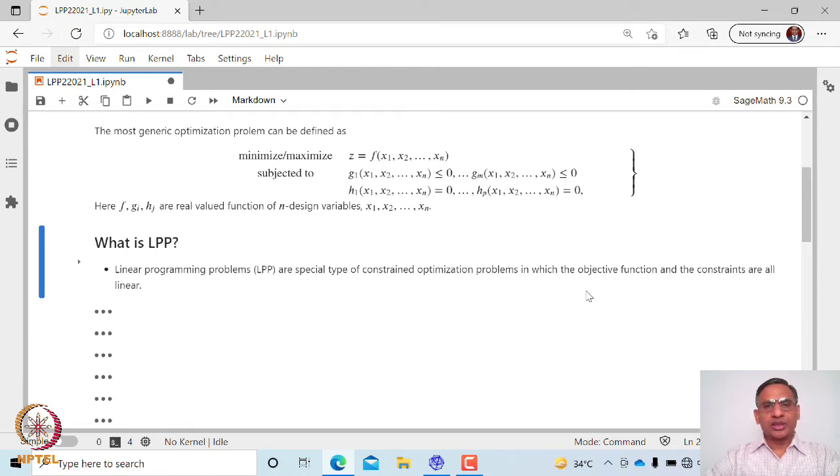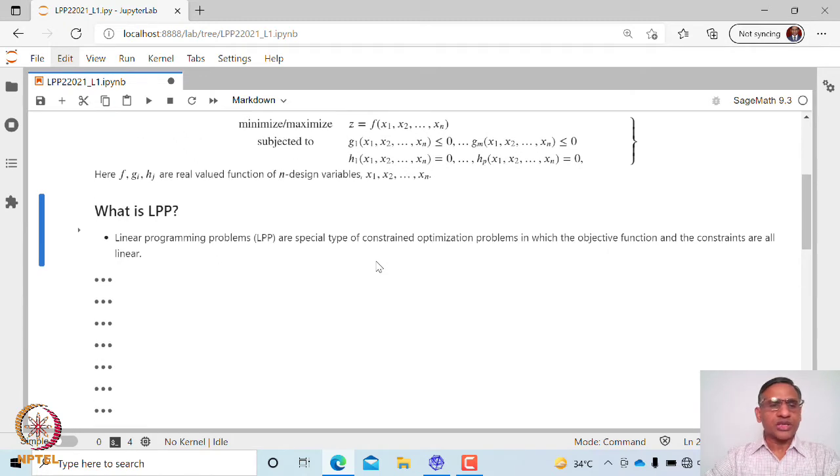We have seen what we mean by a linear function on n variables x1, x2, xn. Any linear function f from Rn to R looks like c1 times x1 plus c2 times x2 plus cn times xn. We have seen that in the linear algebra course. So that is what is called a linear programming problem.